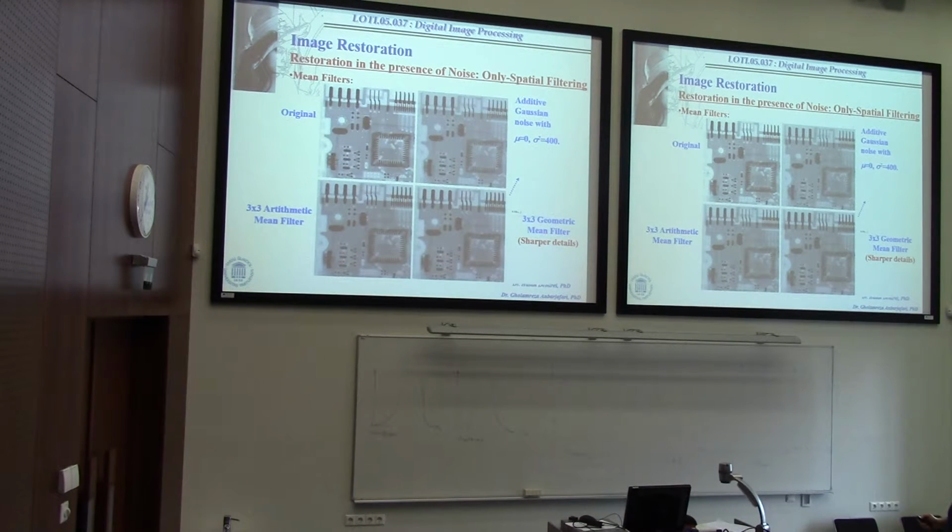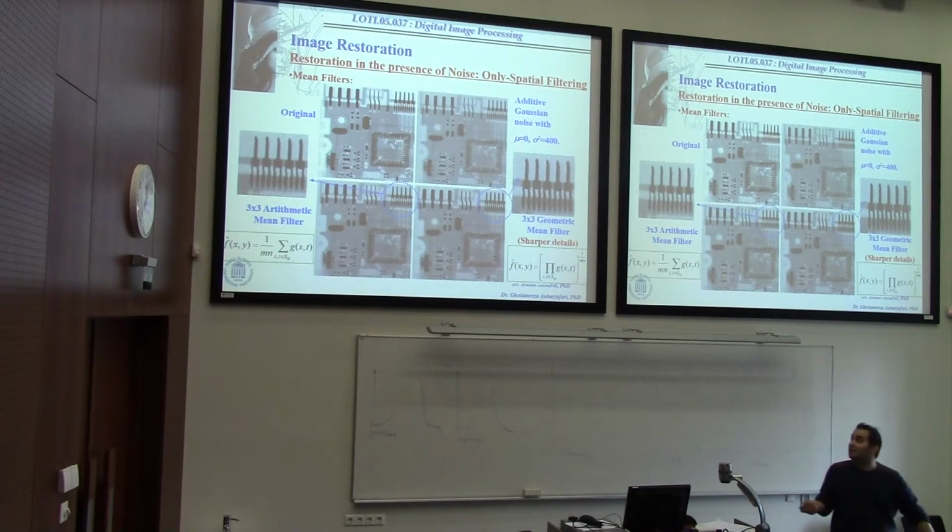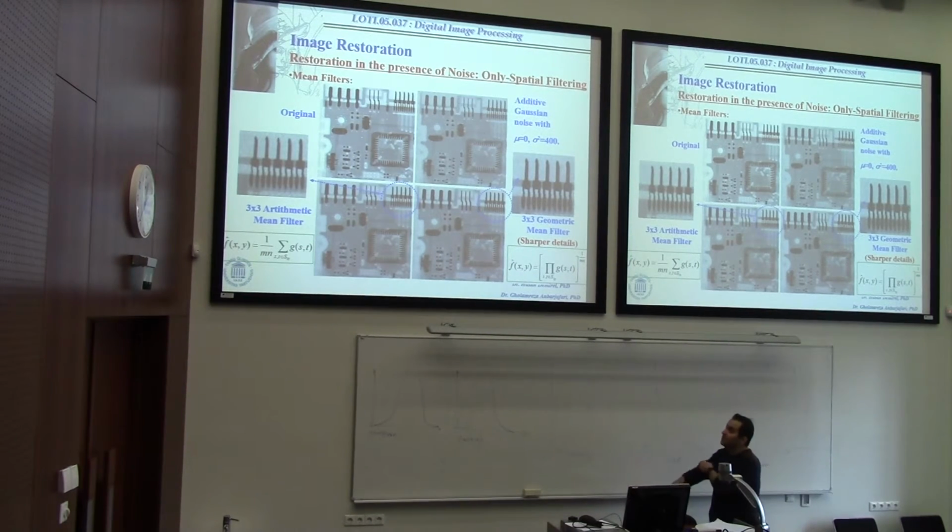And you can see that, compared with this image, we have sharper details in this image. If we zoom in on some part of the image, we can easily see that we have a smooth border or edge here, rather than this one, where we have a sharp edge after removing the noise from the image.